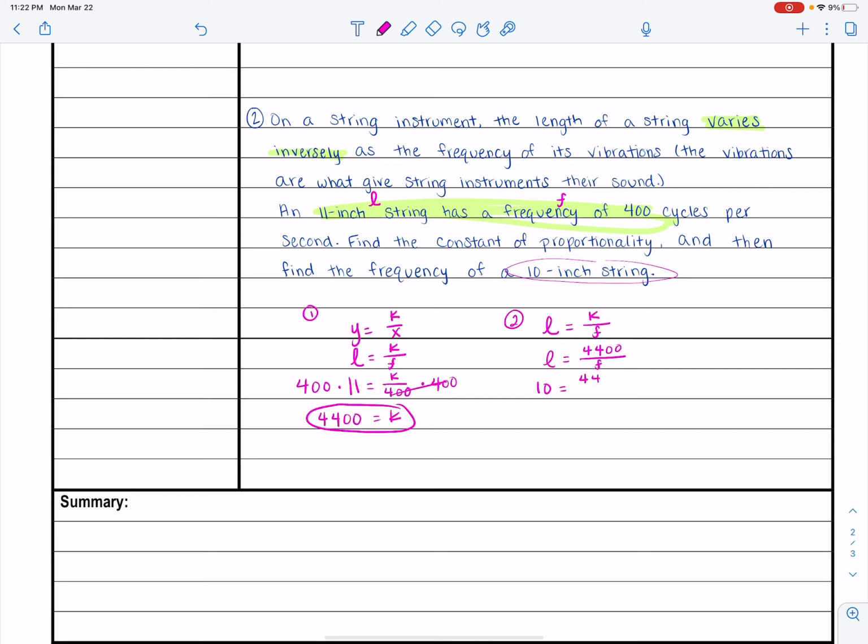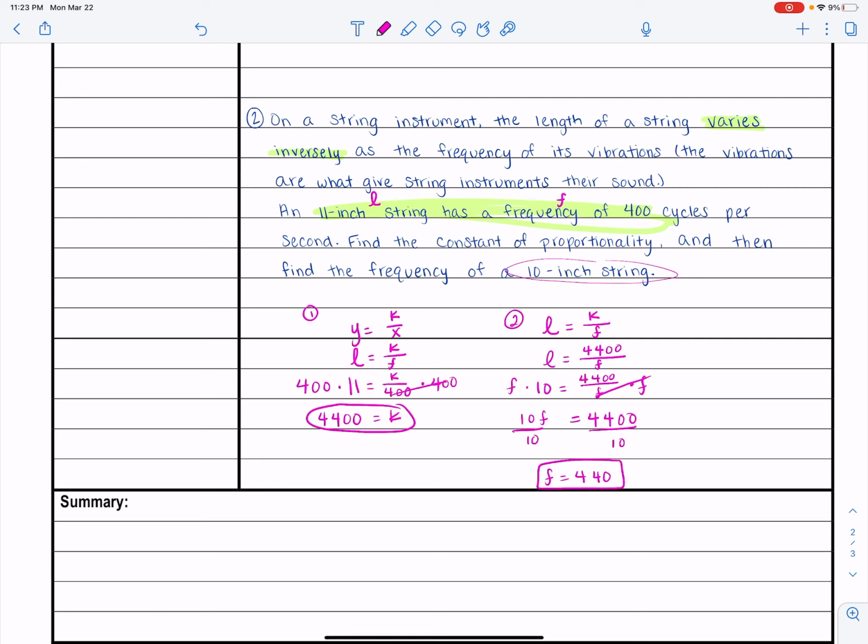It's equal to 4,400 over F. I need to find F. But because F is stuck in the denominator of a fraction, I have to break the fraction up first. So if I multiply by F, that leaves me with 4,400 on the right-hand side of the equation and 10F on the left. So now I can divide by 10 to find that F equals 440.